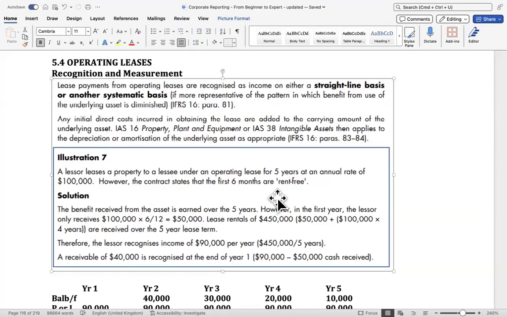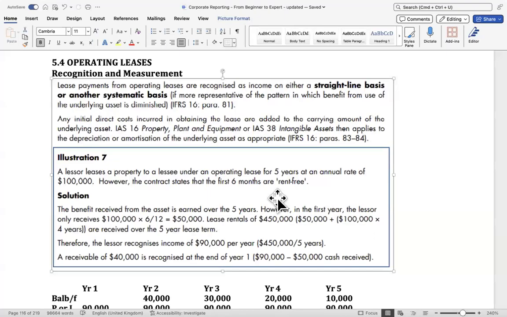It's 50,000, half. Does that mean that in the first year we'll recognize 50,000 in P&L, then recognize 100,000 over the remaining periods? That would be wrong because that would contravene straight line.